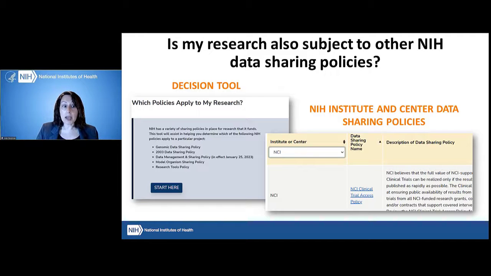The sharing website also has a searchable listing of institute and center policies to help make researchers aware of additional expectations maintained by funding ICs. Finally, researchers and award recipients are advised to consult with the funding NIH IC on how to comply with all applicable data sharing policies potentially affecting their NIH-supported research project.